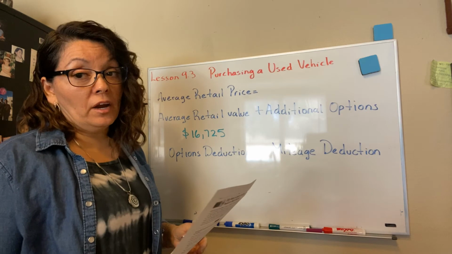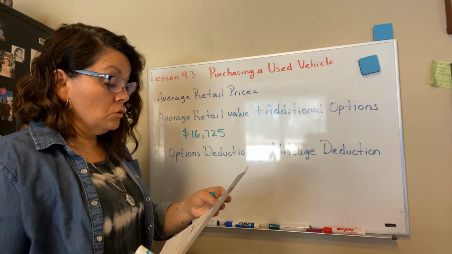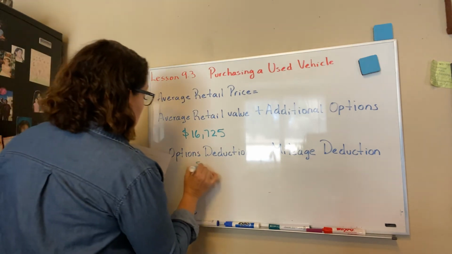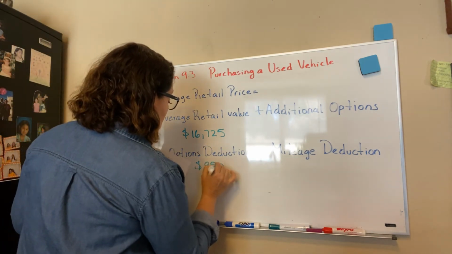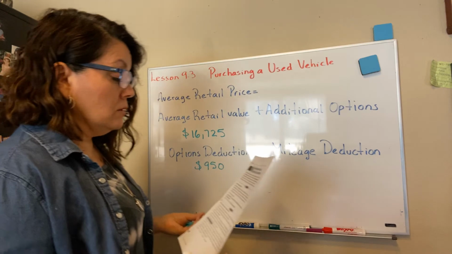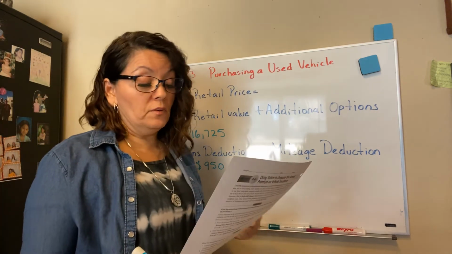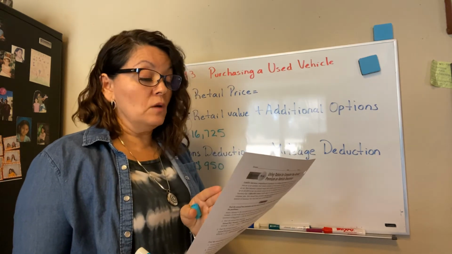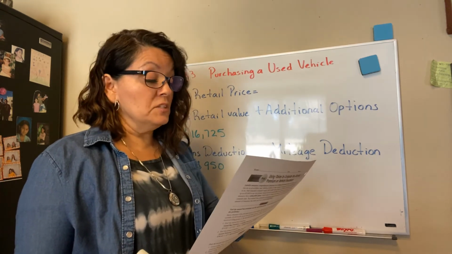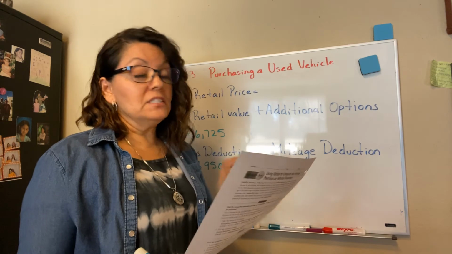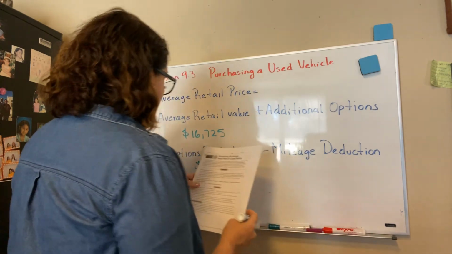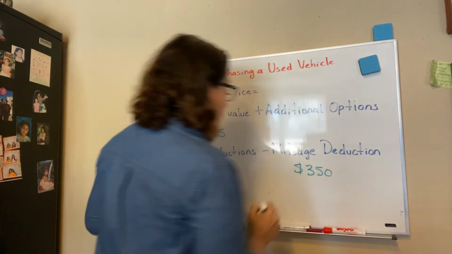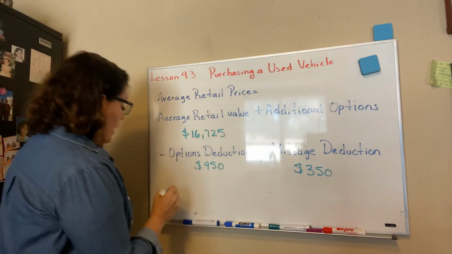Yep, it has no air conditioner, so take it away, a deduction of $950. And it says here you have to deduct $350 if the miles are between 35,000 and 40,000. This car has been driven 37,000, so yes, we are going to deduct those $350.